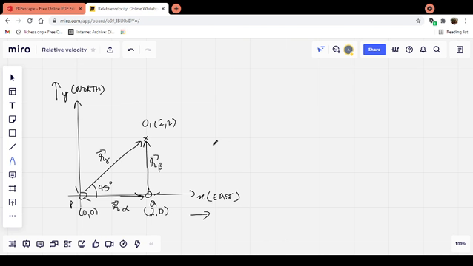Whereas if I am the person Q and I am trying to observe the object O1, then I would be observing O1 in the north direction only. As you can see, the direction of this R beta vector is straight up, pointing in the north direction.